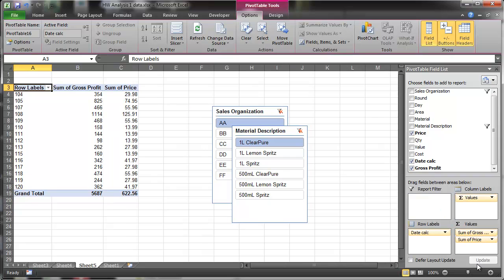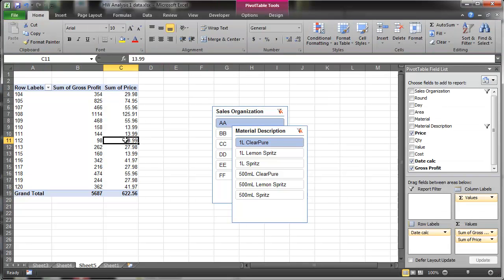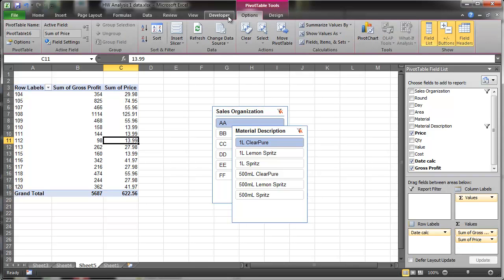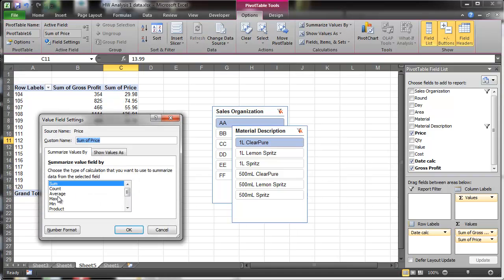Now that's the sum of the price. And it's like, well, I don't really want the sum of the prices for all those. I want the, so I'm going to, you might not be able to see that. I'm going to click on this sum of price, and under options, the field settings, I want the average price.